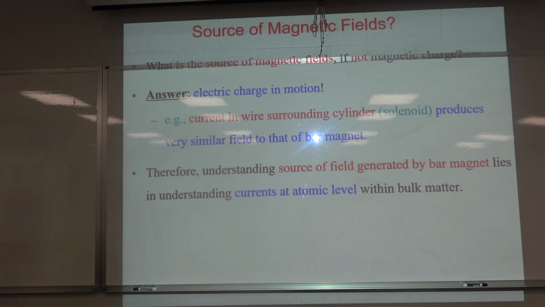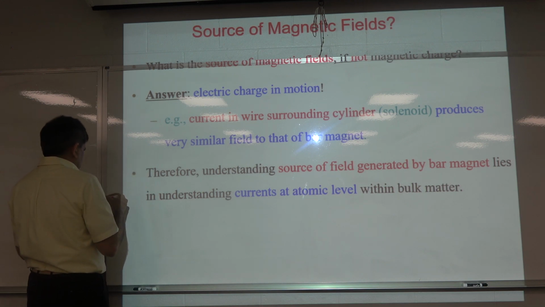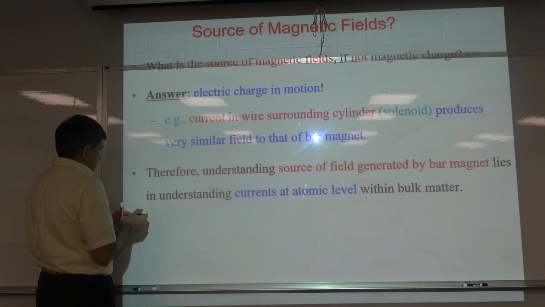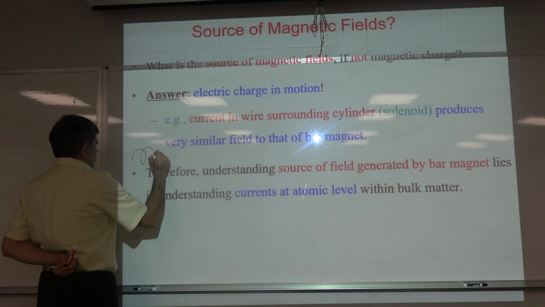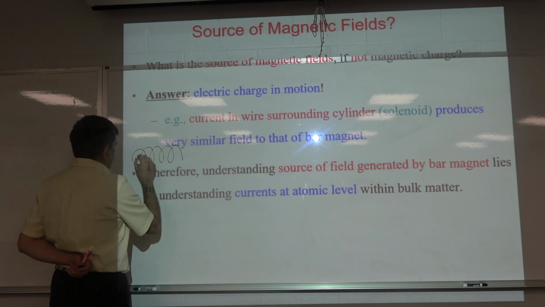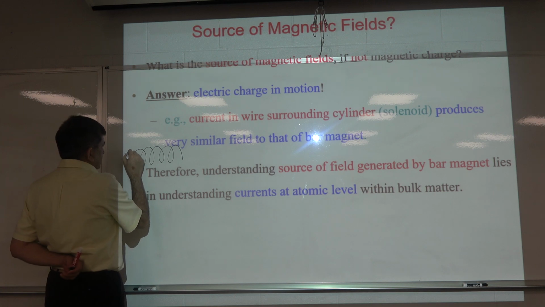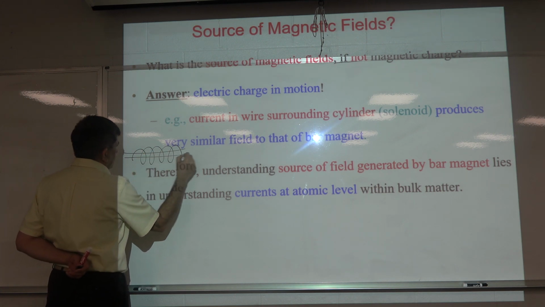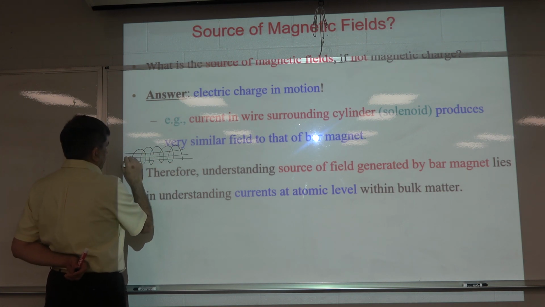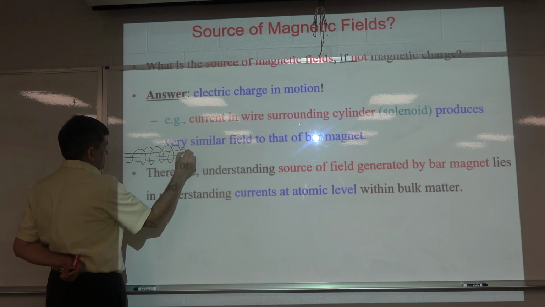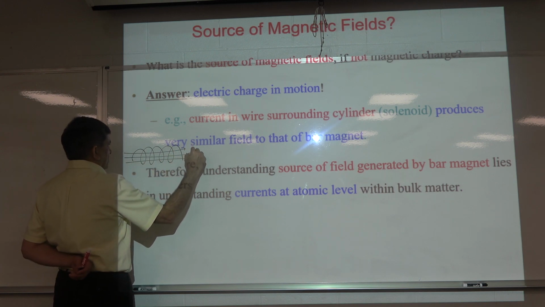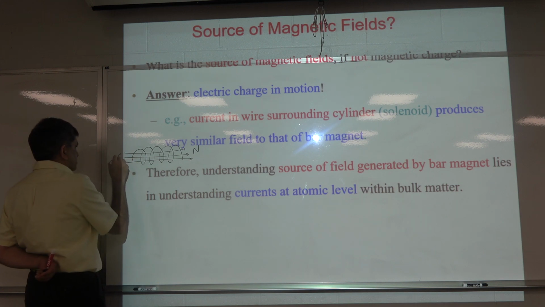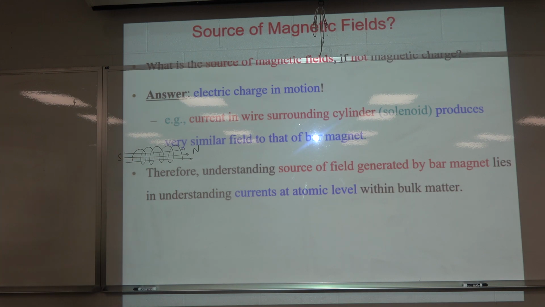A solenoid is something like a coiled spring of wire. When the current flows through it, it will produce a magnetic field, and one end of the solenoid becomes the north pole and the other becomes the south pole.